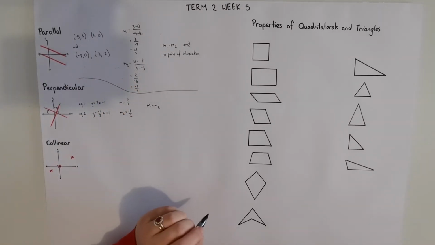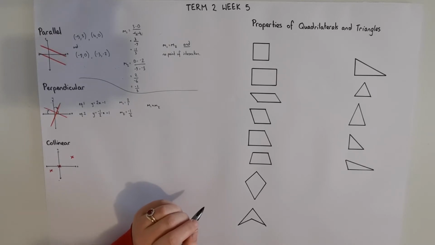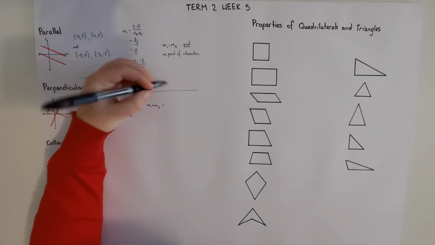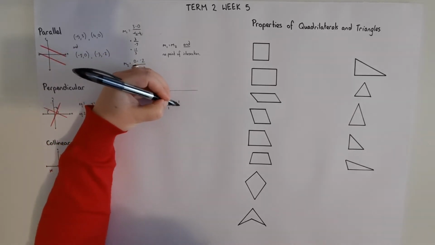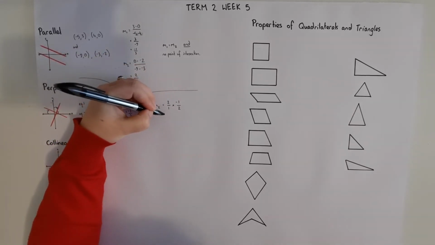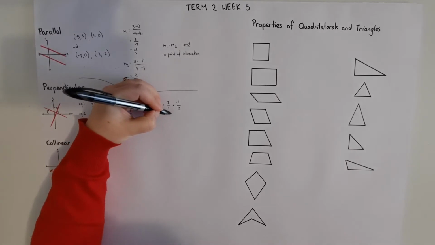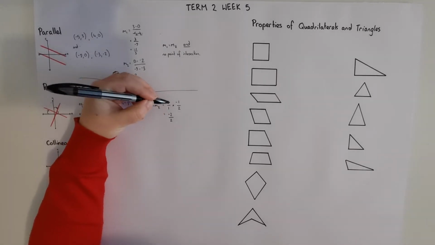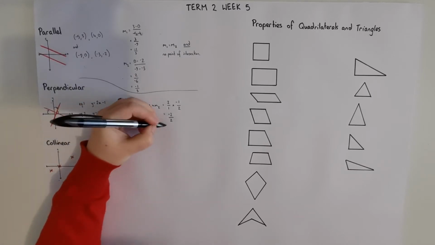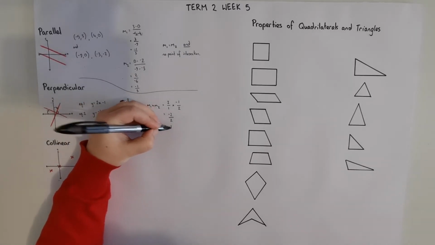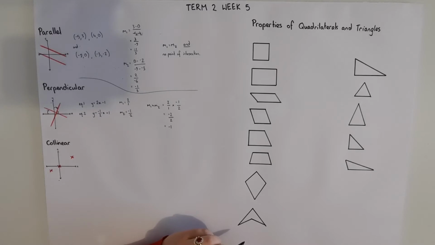If I multiply these gradients together, I'll get my 2 over 1 multiplied by negative 1 over 2, which would equal negative 2 over 2. Remember, we multiply top by top, bottom by bottom. That simplifies to negative 1.